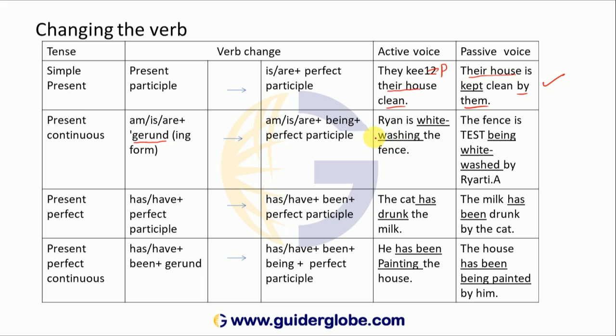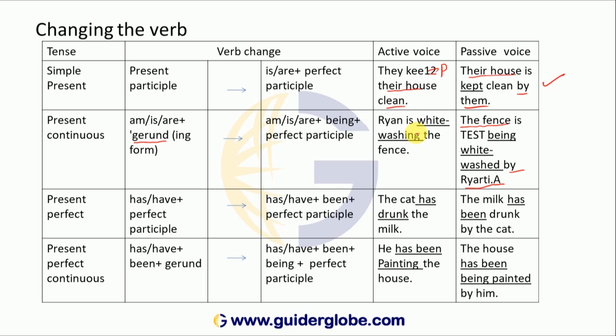Let us see the sentence straight away. Aryan is whitewashing the house. As I told you, go step by step. The fence, you take it in the front. I have taken the fence. By whom? Just write by Aryan, or whatever the name is. By Aryan. Then he is whitewashing.